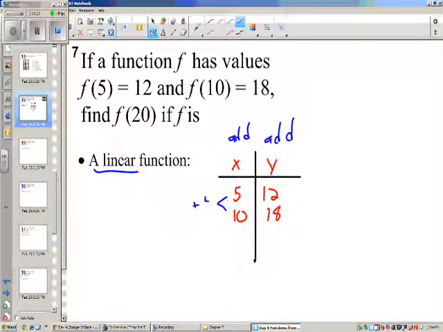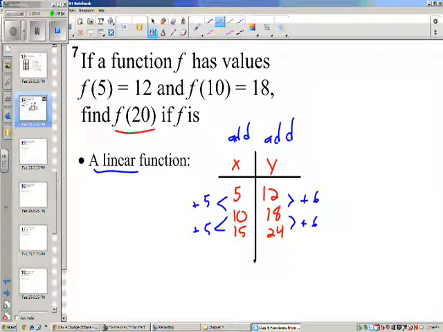Here we go up by 5. Here we're going up by 6. So we would have to go up by 5 again and up by 6 here to get to 15 and 24. Now we want to figure out what f of 20 is. So we go up one more 5, which means we go up one more 6 to get all the way up to 30.